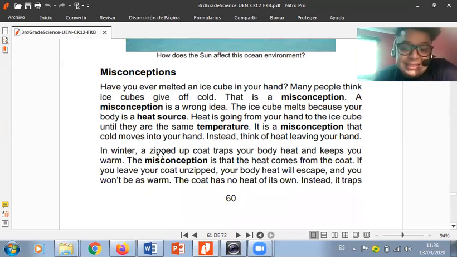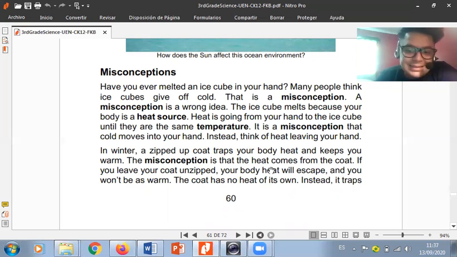A winter coat traps your body heat and keeps you warm. The misconception is that the heat comes from the coat. If you leave your coat unzipped, your body heat will escape and you won't be as warm.